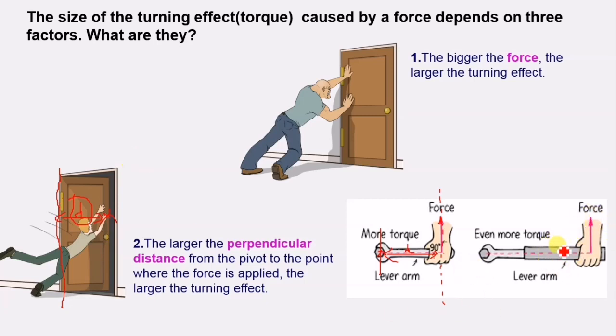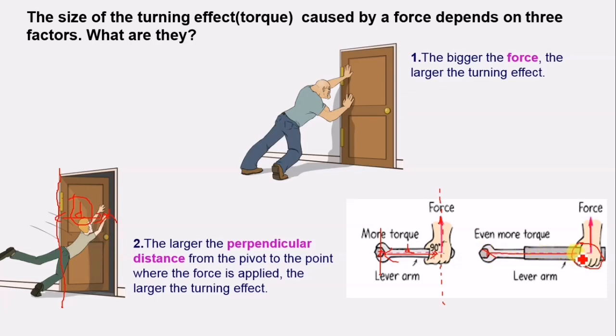See this cheater bar, they place it, girls, on the wrench to make it longer, with more length. Now by making the wrench longer, you apply the force here, and the pivot is here.